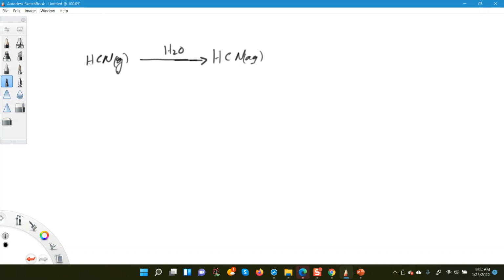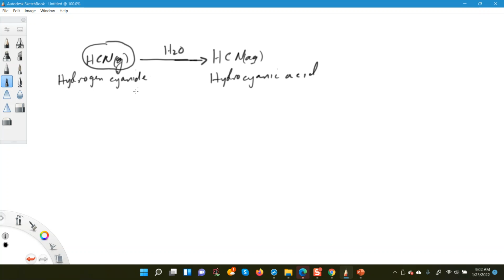This is called hydrogen cyanide before you add it to the water. When added to the water, this is called hydrocyanic acid.